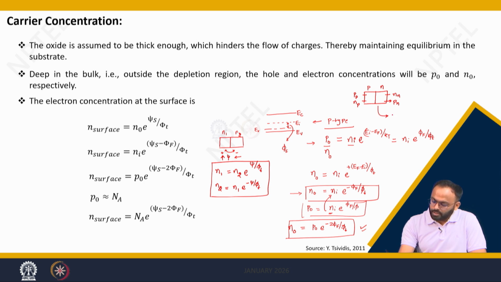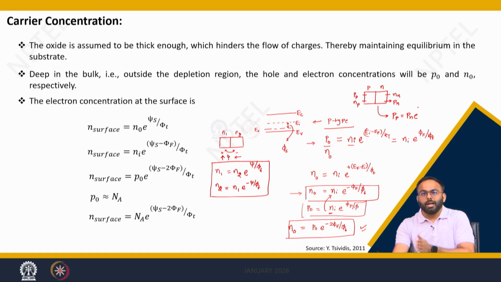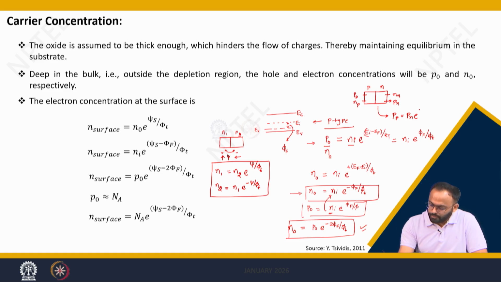Here we have seen that Pp can be written as Pn exponential of, again majority carrier would be higher than the minority carrier, meaning it would be positive, psi bi divided by phi t, where psi bi is the built-in potential.